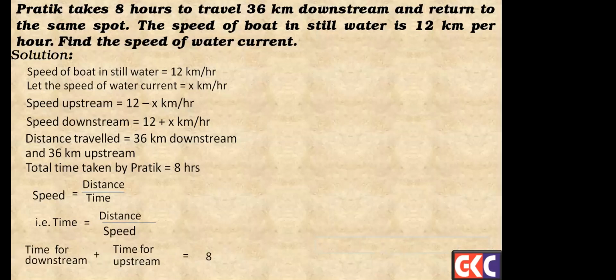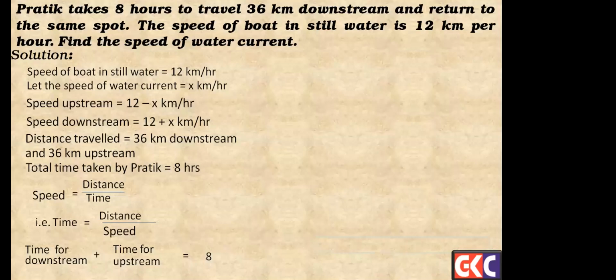Pratik first went downstream and then he came upstream. So can I say time for downstream plus time for upstream is 8? Remember, it is not 4 hours, 4 hours, because by now you must have understood, उसका speed downstream में ज़्यादा था, upstream में कम था, तो automatically जहाँ पे speed ज़्यादा था, वहाँ पे उसको time कम लगेगा, और जहाँ पे speed कम था वहाँ पे automatically time ज़्यादा लगेगा.